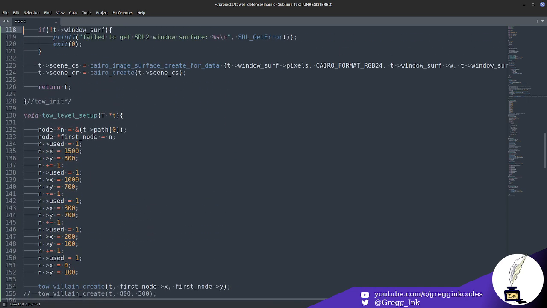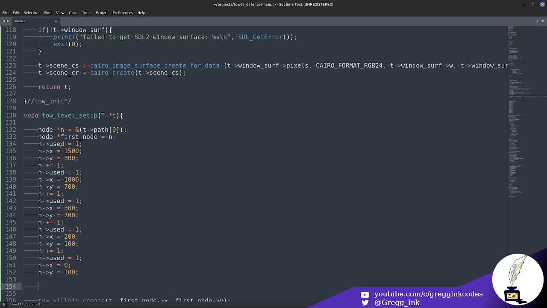What I'm going to do here, when I do the level setup, I decide what the nodes are, and that is basically the path, the path that the villains are going to follow.